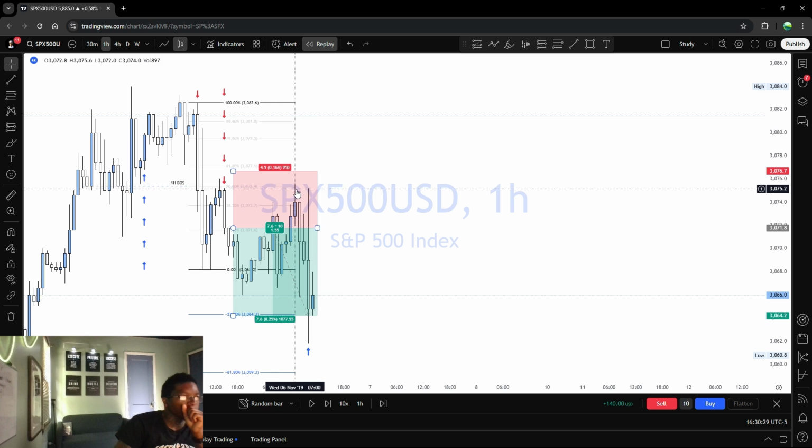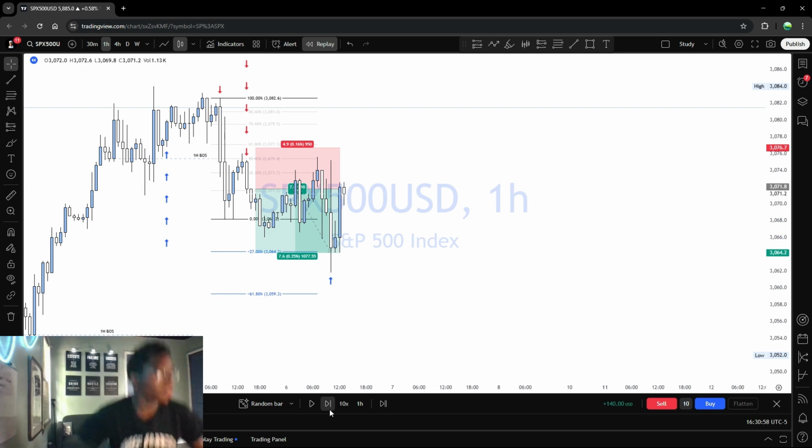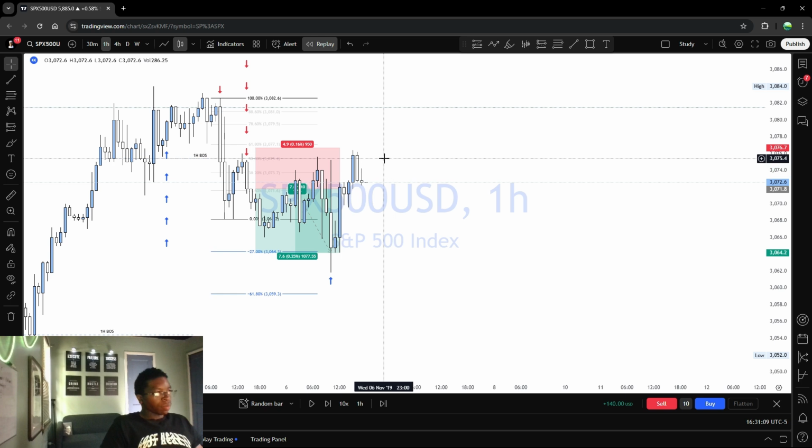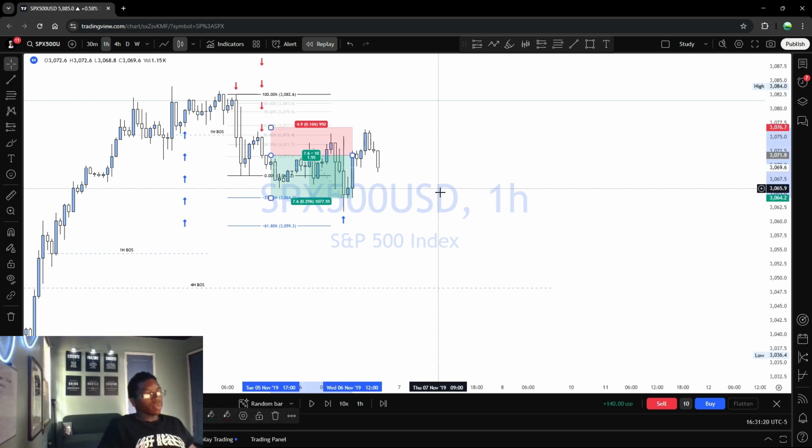You see price came back and retested that point, pushed down and continued to hold, and then reached your negative 27. Today, I reached negative 27.